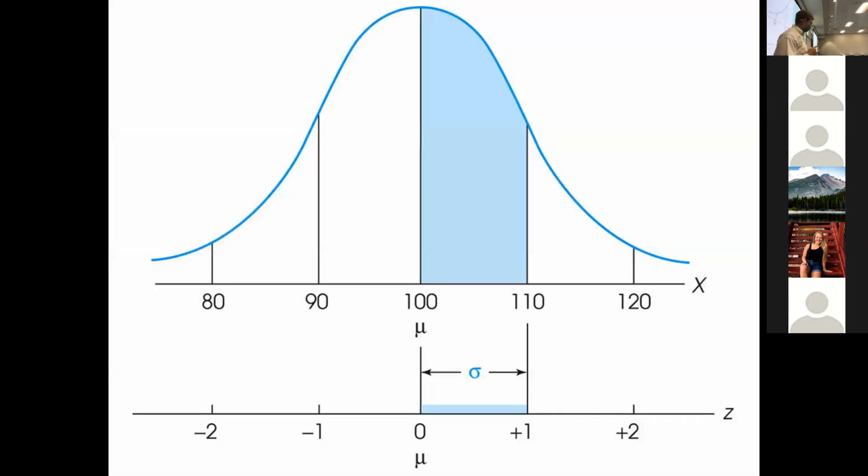So again, just to reiterate, the z-score is just telling you the number of times you have to multiply by the standard deviation to get to your value above the mean.